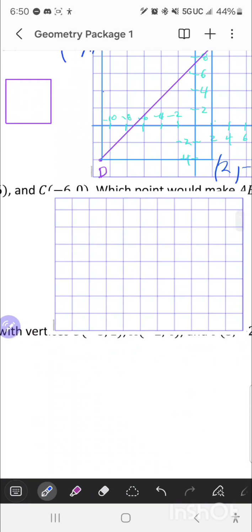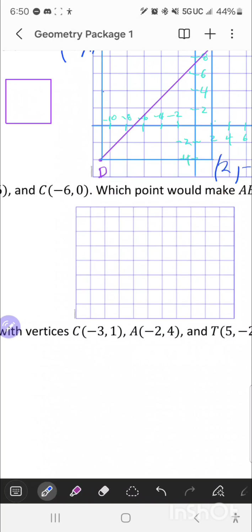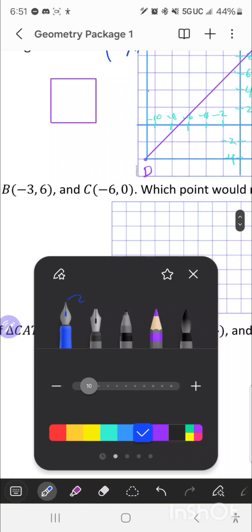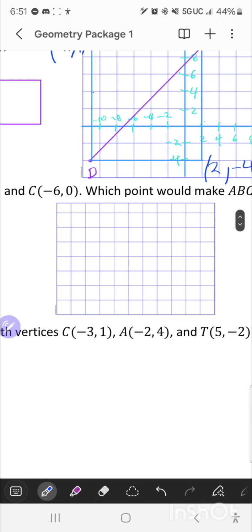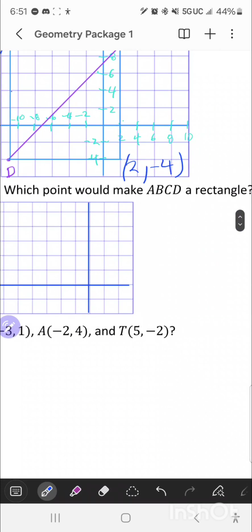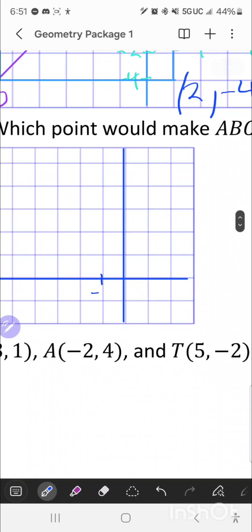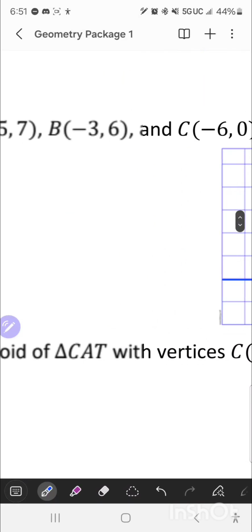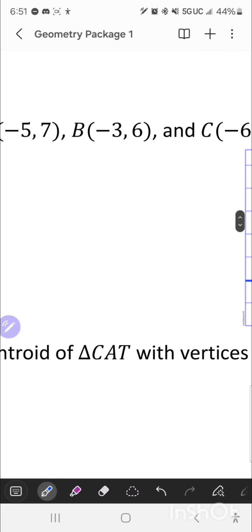Here, base, and I'm going to make it smaller right here. I think now we don't need to scale, so negative 1, negative 2, negative 3, negative 4, negative 5, and negative 6.